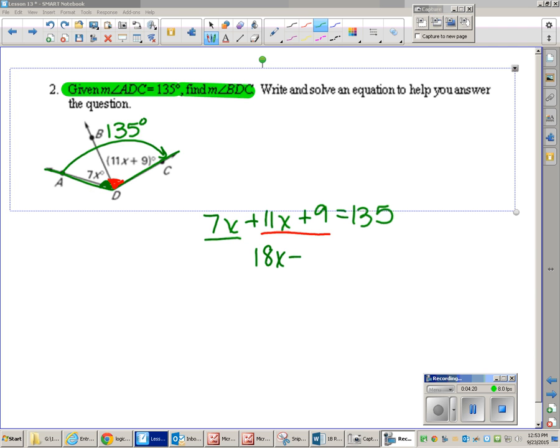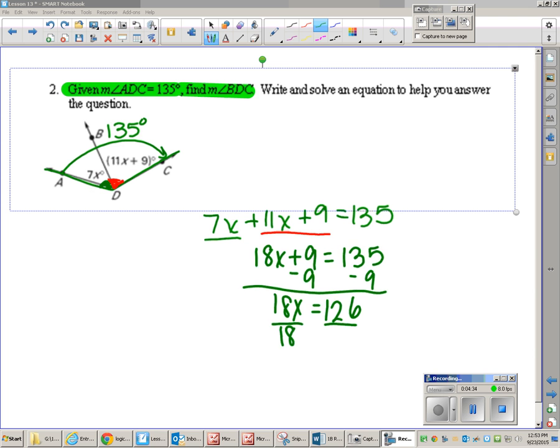I get 18x plus 9 is equal to 135. I subtract the 9 off of both sides, which leaves me 18x is equal to 126. I divide both sides by 18. Can't do that one in my head. That's 7.